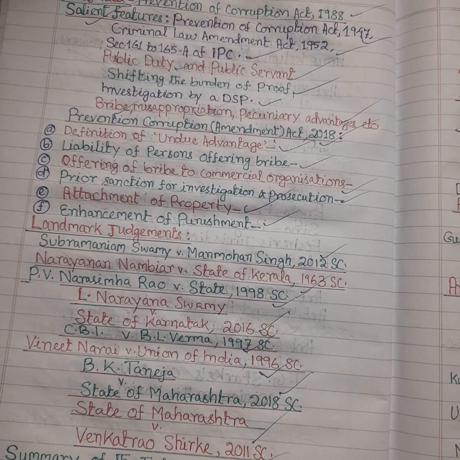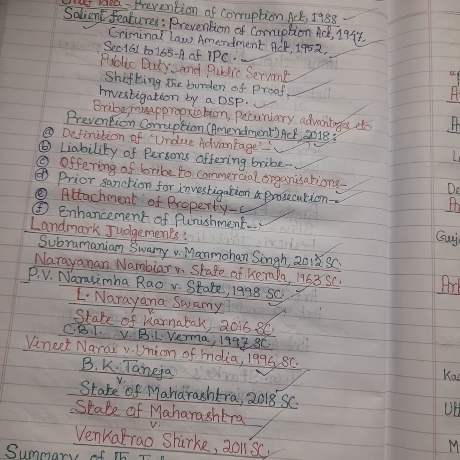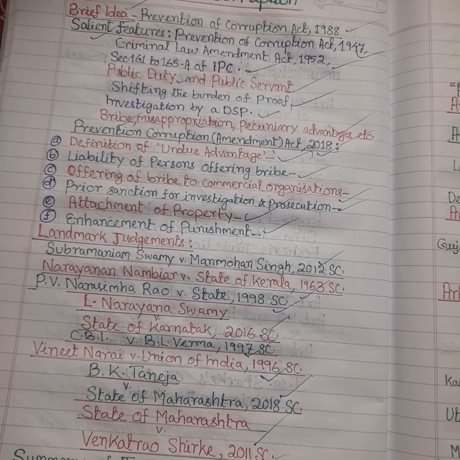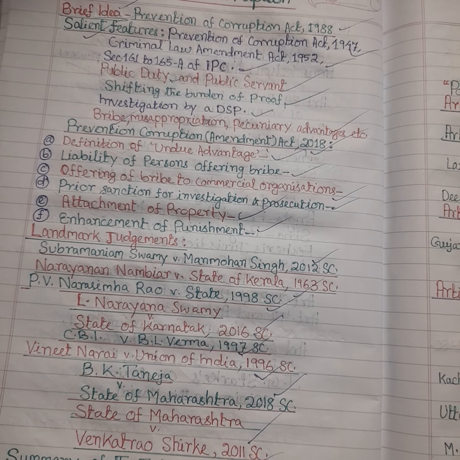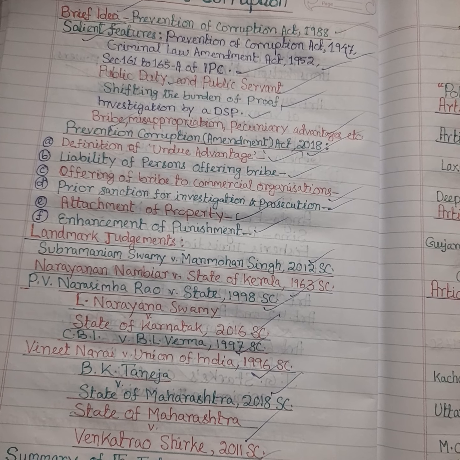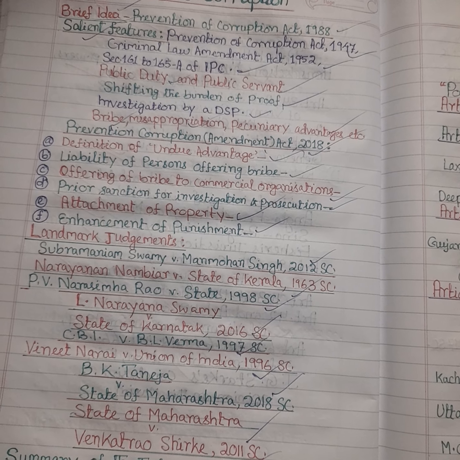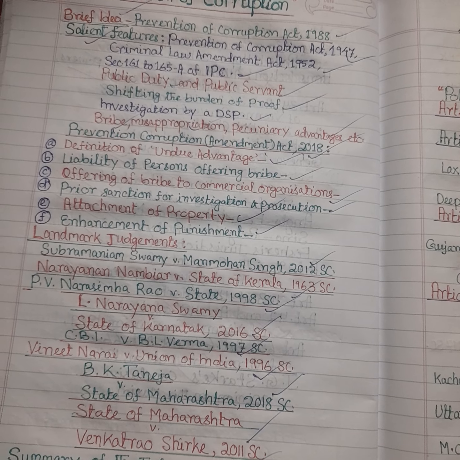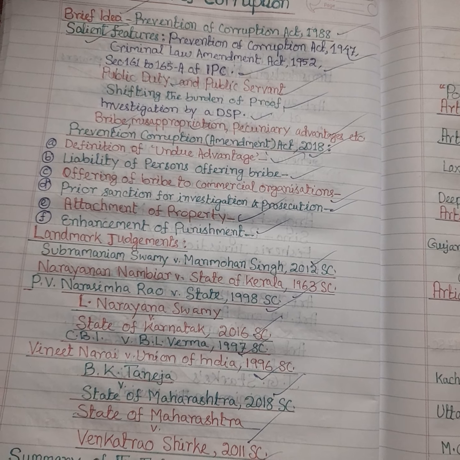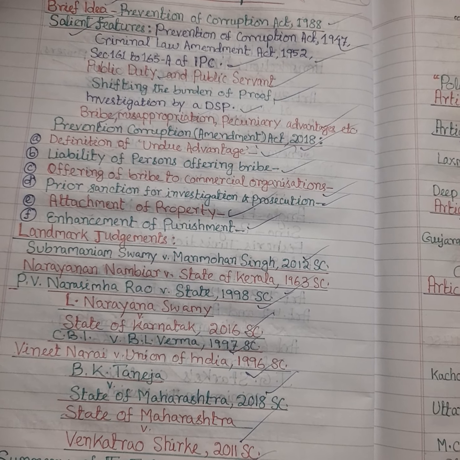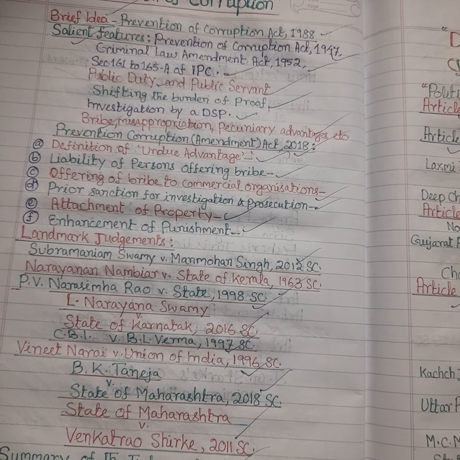Then another instrument is the attachment of property of such public officials who are convicted of corruption or corrupt practices. Also, the Amendment Act 2018 enhanced the punishment for those convicted under the provisions of the Act.